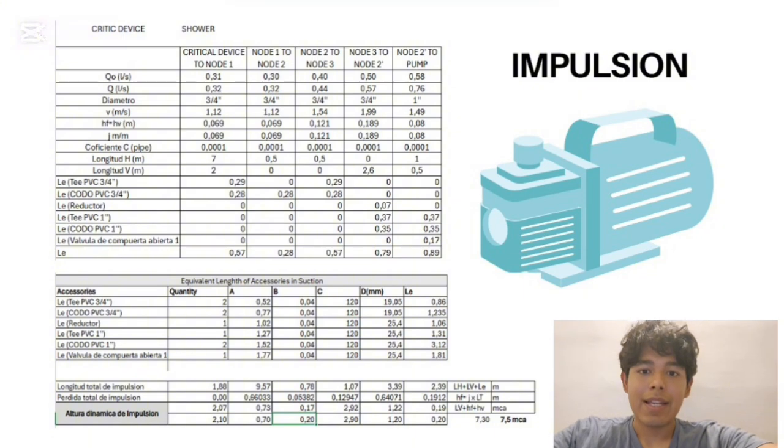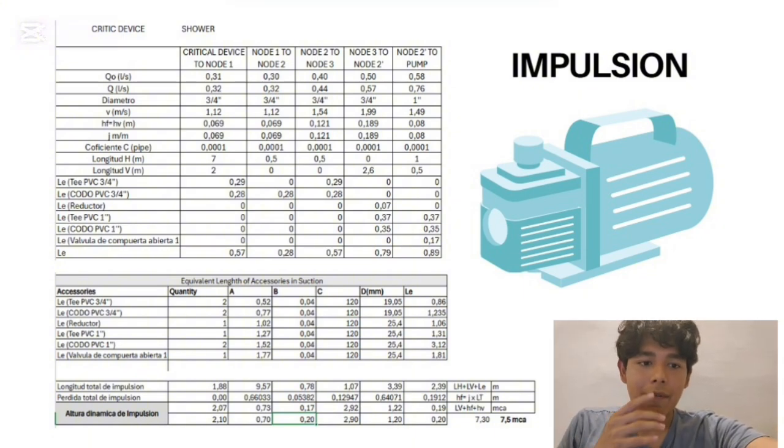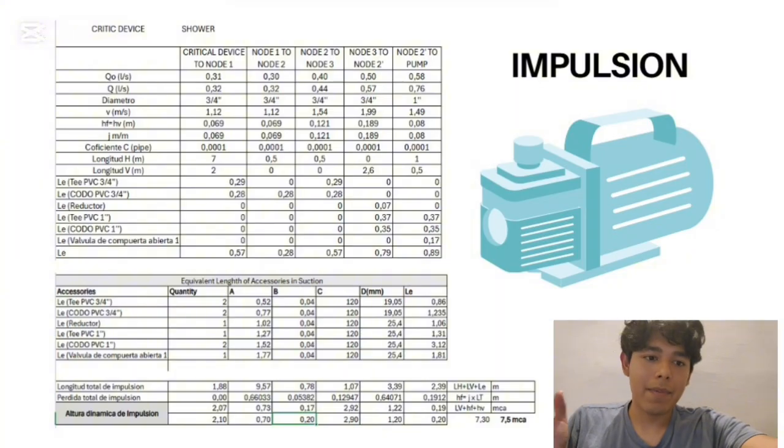Well, now impulsion. The calculation for impulsion is the same, but we have to calculate for every accessory, and we are going to have different diameters of pipe or accessories. So we have to check every single accessory from the critical device to node one, and we continue the line to the pump to see the critical line.